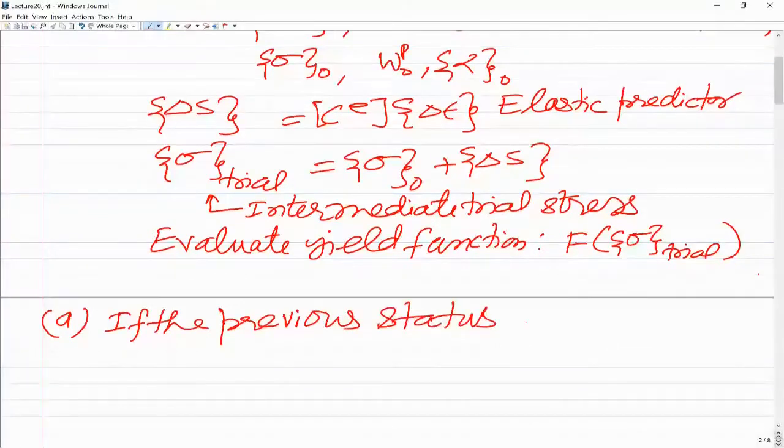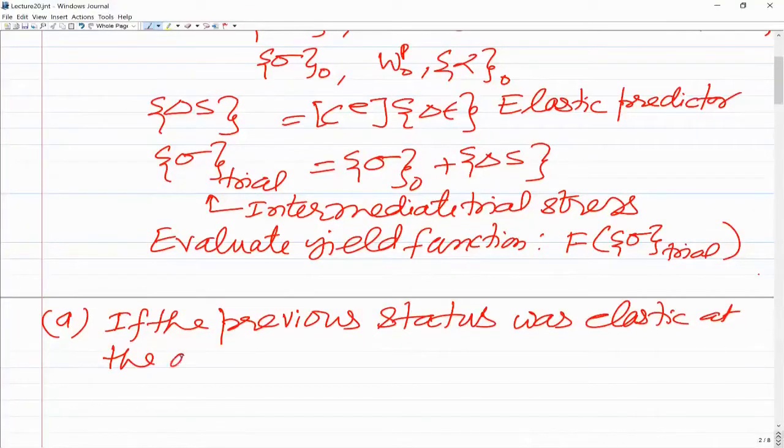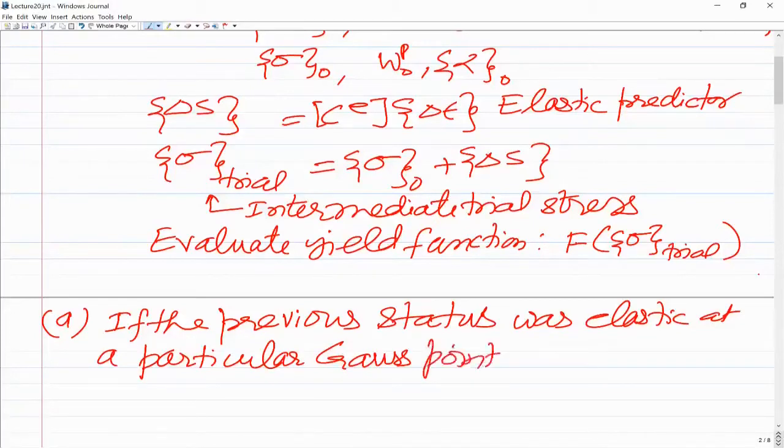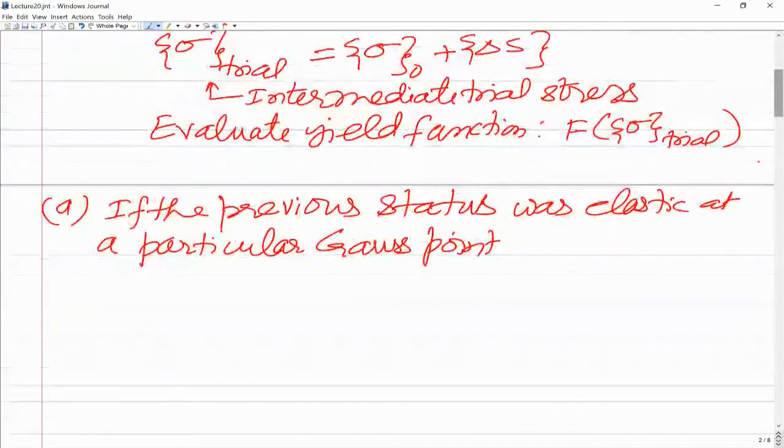So if the previous status was elastic, at a particular Gauss point, so once we know that previously the Gauss point was elastic, there was no elastoplastic deformation in that.